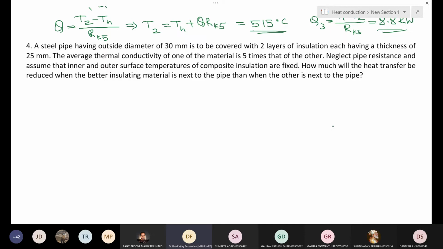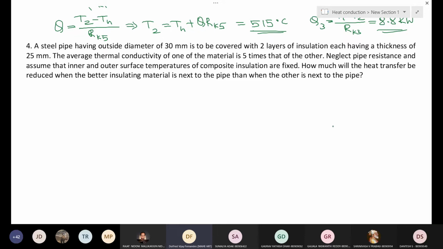Average thermal conductivity of one of the materials is 5 times the other. Neglect pipe resistance and assume that the inner and outer surface temperatures of the composite insulation are fixed and maintained the same. How much will the heat transfer be reduced when the better insulating material is next to the pipe than when the other is next to the pipe?